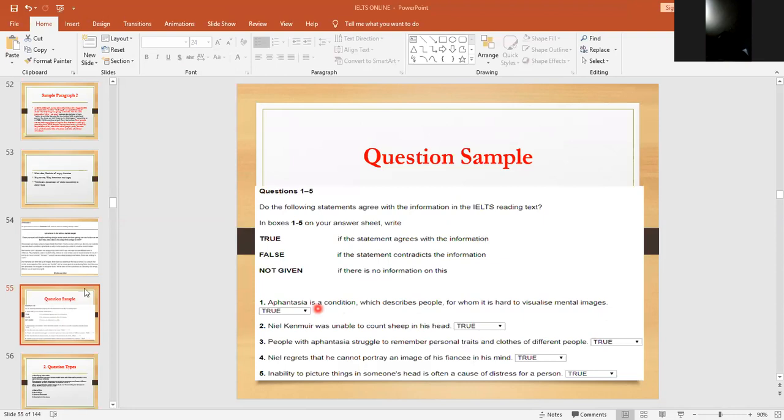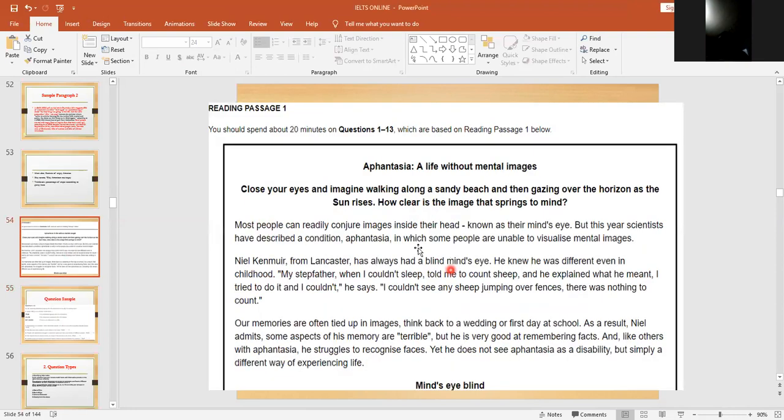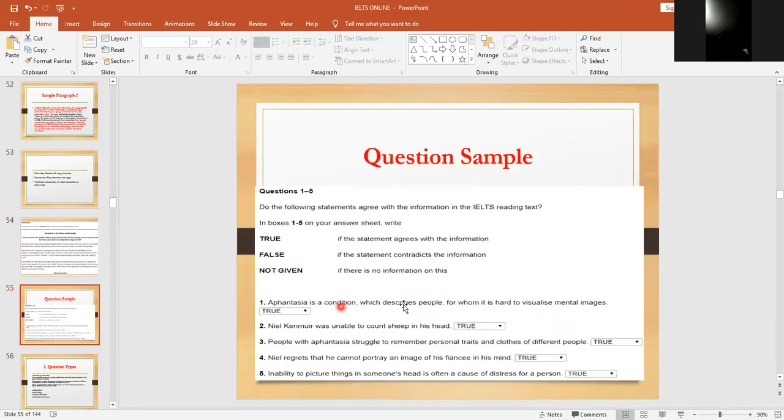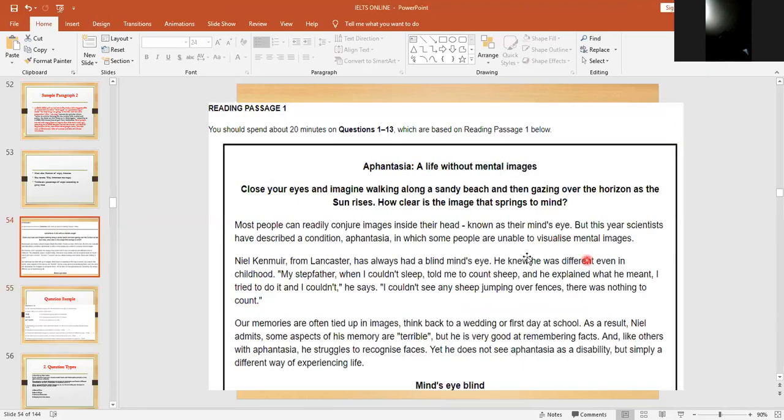So let's go. The passage is saying aphantasia in which some people are unable. So the keywords that were used, aphantasia, describe people, hard to visualize. The passage said unable. Unable and hard are two different words. We can't replace one with another.